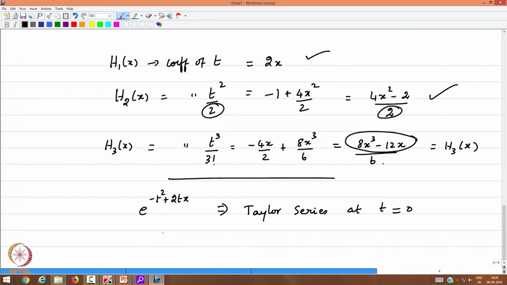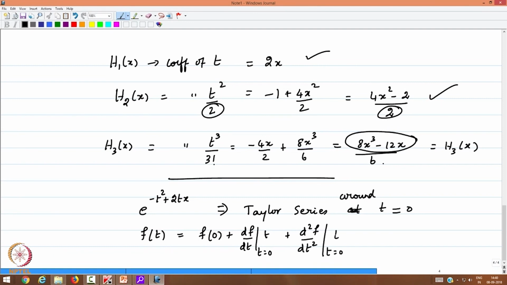If you expand any function of t as a Taylor series around t is equal to 0, then you will have f of 0 plus df by dt evaluated at t is equal to 0 times t, plus d square f by dt square evaluated again at t is equal to 0 times t square by 2, plus d cube f by dt cube at t is equal to 0 multiplied by t cube by 3 factorial, and so on.